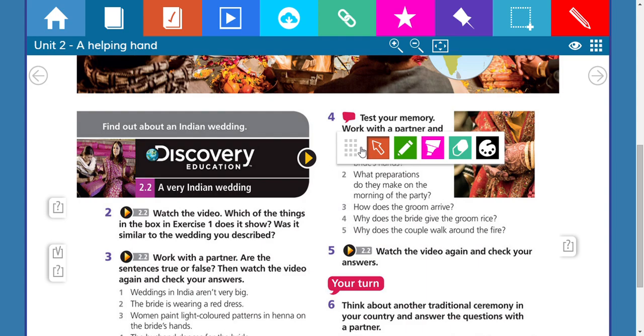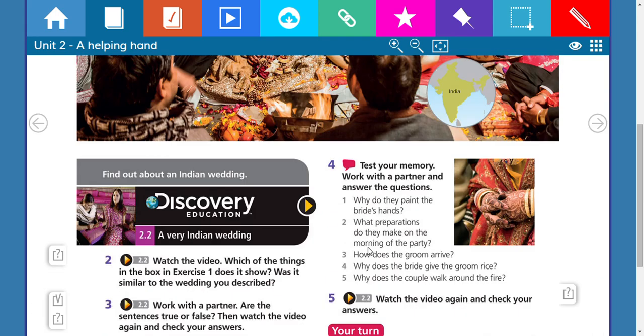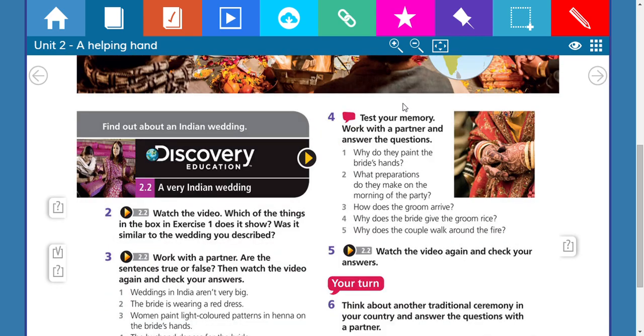Okay. Now let's see this activity. Test your memory. Okay. Work with a partner and answer the questions. Why do they paint the bride's hand? Number 2. What preparations do they make on the morning of the party? Number 3.